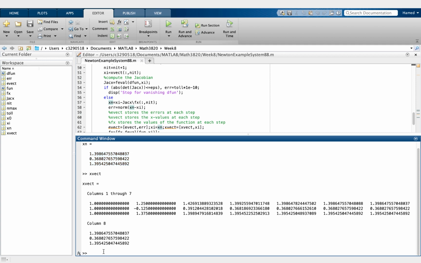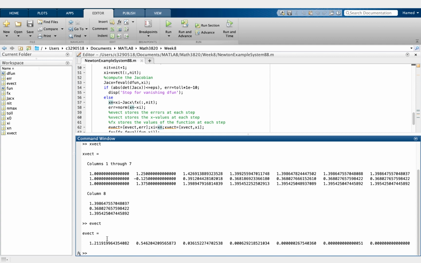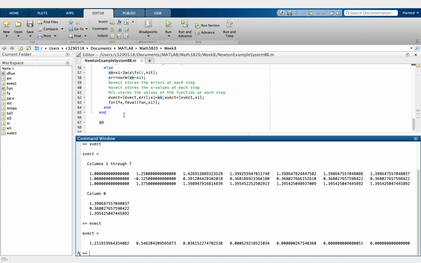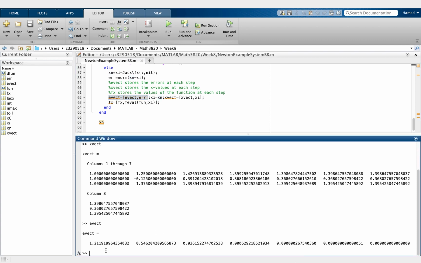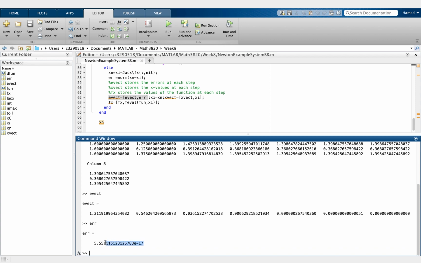We can also look at the error vect to see the error, or we can just write err. So here also the last column of the vect should be equal to the error because of the definition of the vect.